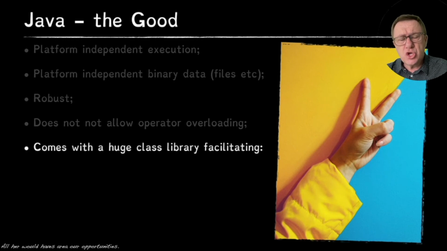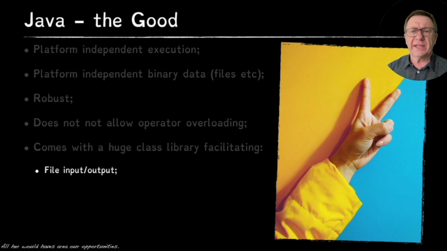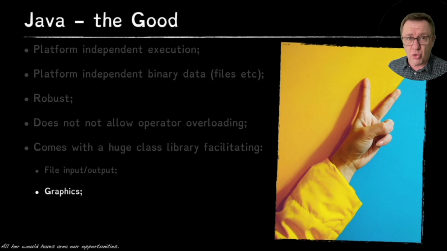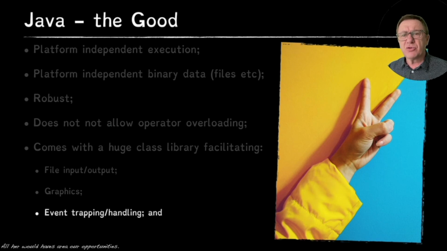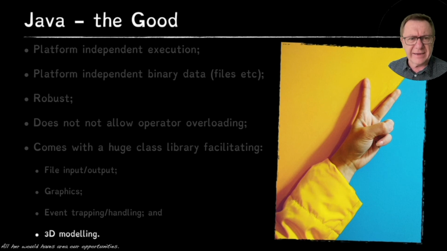Java has a huge library, and that library you can use, and it facilitates all kinds of things like file input and output. So you don't need to be concerned about that. You just call from the library what you need. Graphics, you can do all kinds of things. It can grab events, it can do all kinds of trapping and handling, and you're going, what is trapping and handling? We can do 3D modeling in Java.